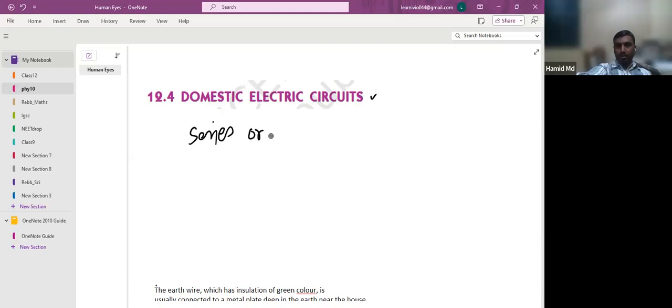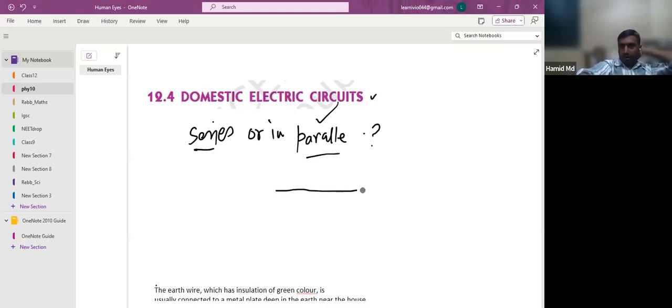My question is, do we connect our devices in the electrical circuit in homes in series or in parallel? Parallel, right? I knew you would be able to answer it. Parallel.